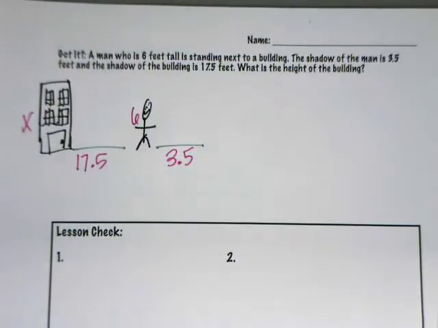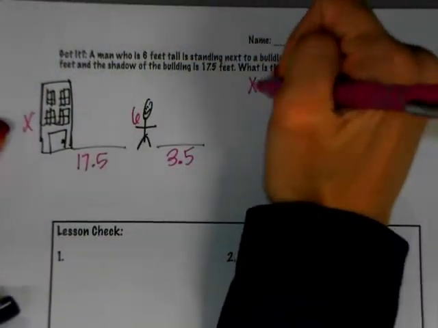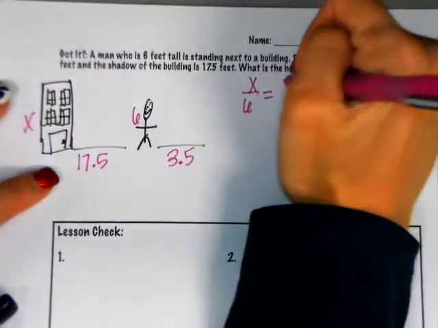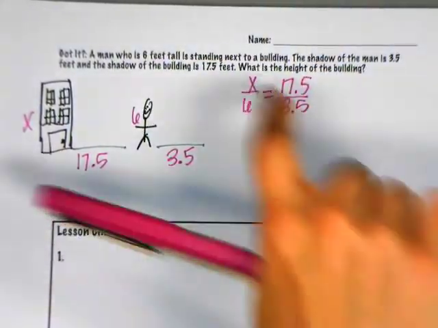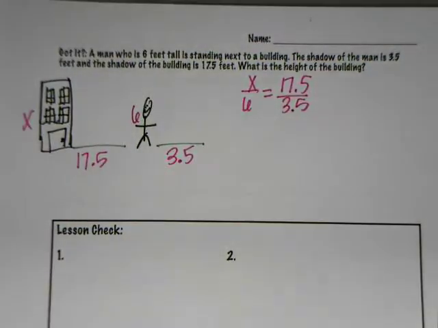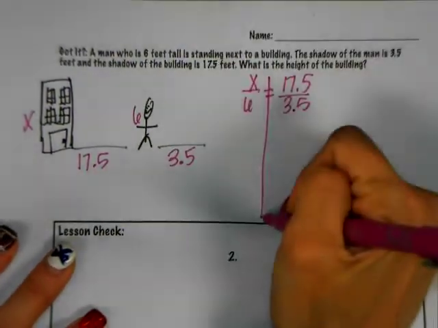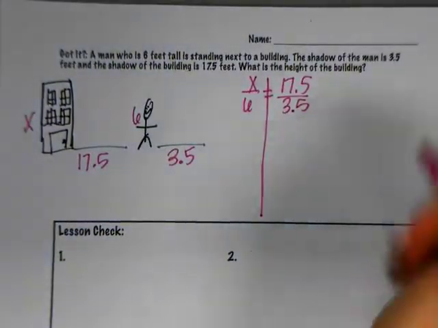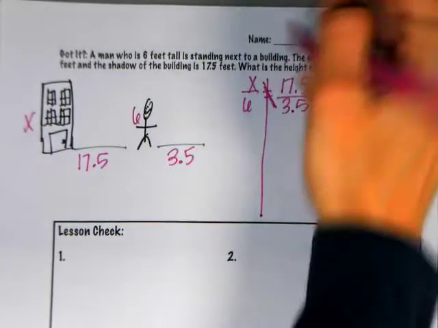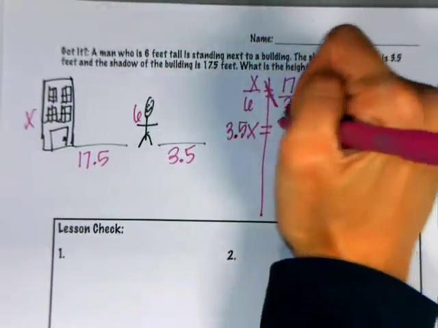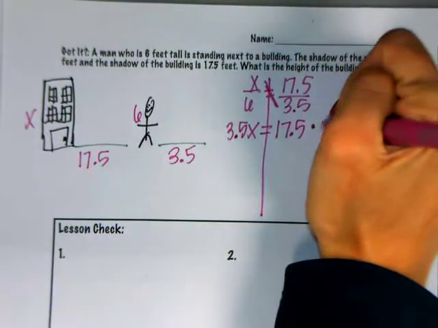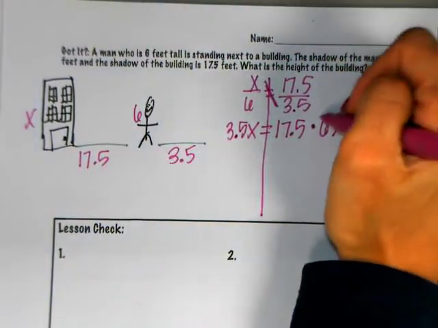Okay. So the way that I would set this up is I would do x over 6 equals 17.5 over 3.5. But as long as your 3.5 is diagonal with your x, you're good. So do 3.5x equals, geez, I don't know why I did that.